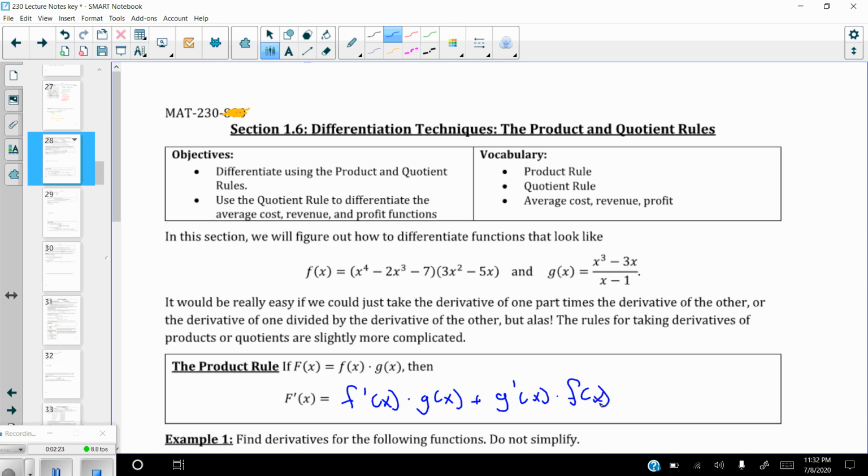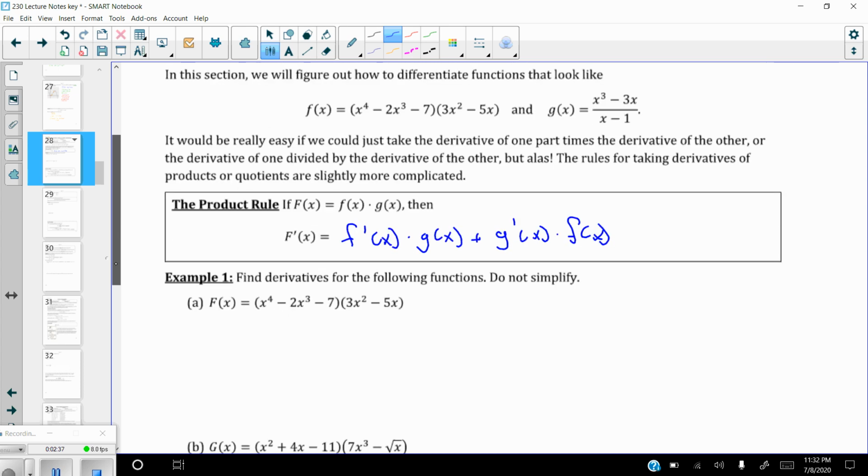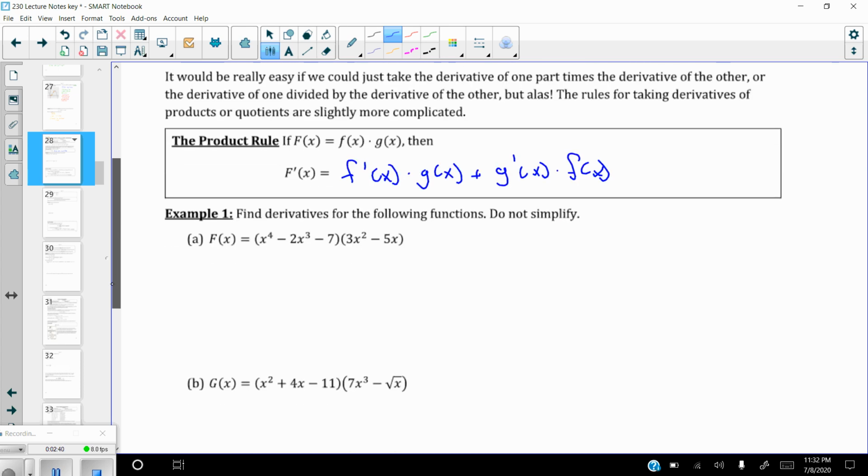So it's the derivative of the first one times the second one, plus the derivative of the second one times the first one. Okay, that is the way that the product rule works. So let's go ahead and take a look at a couple examples. It's really not horribly difficult to deal with, but you do have to remember how to do it.